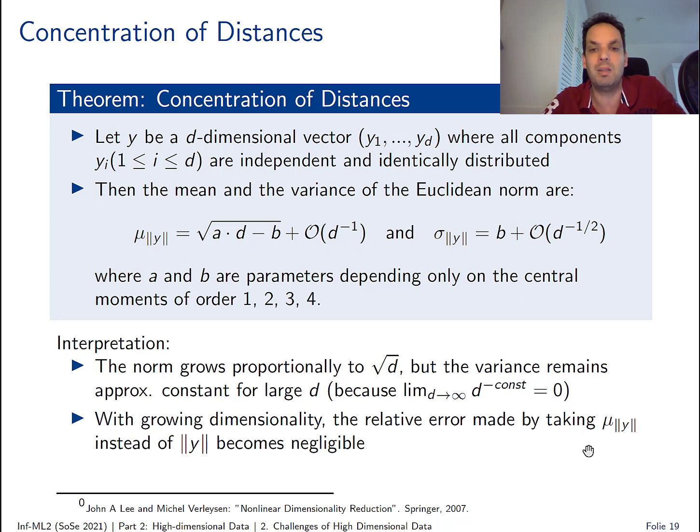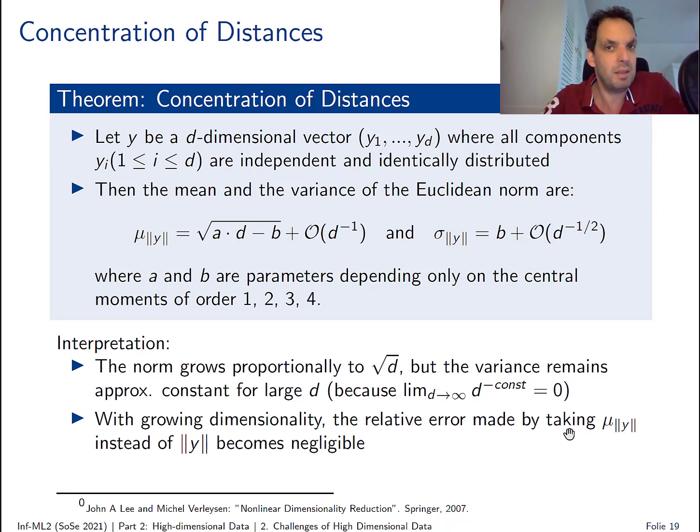So if the variance is close to 0, we can just take the expected value, the mean value, instead of the real value. We don't make a real error, because expected value and real value are more or less the same in most cases.